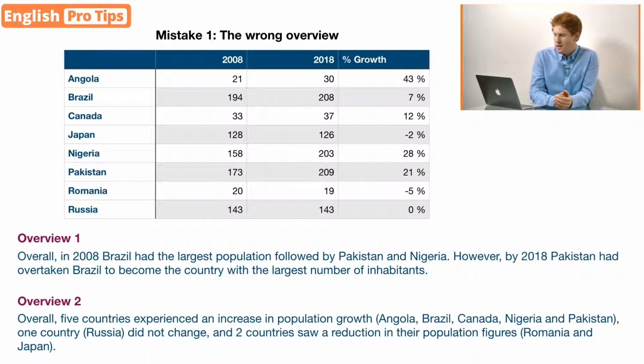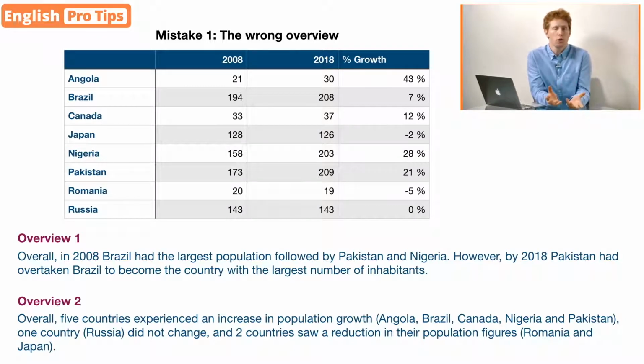Okay, so the answer is overview 2. If you look at overview 1, which is not correct, we can see that it focuses too much on specific countries. It focuses on Brazil, Pakistan, and Nigeria, and as a result, it misses out a lot of countries. It doesn't mention Russia, or Romania, for example.